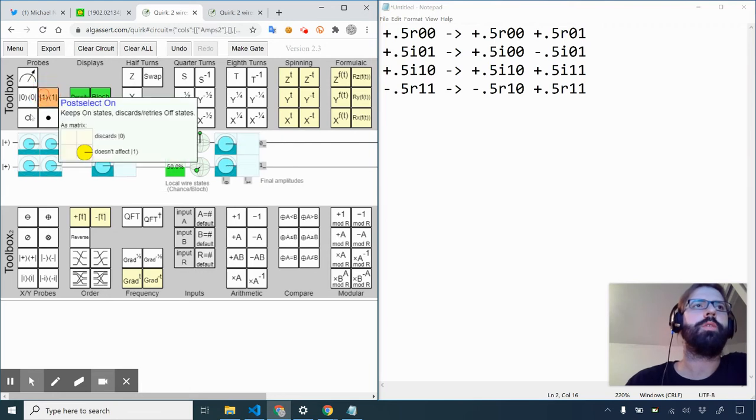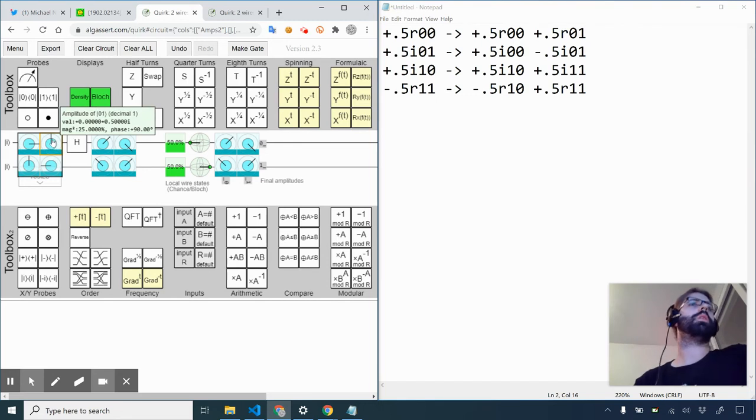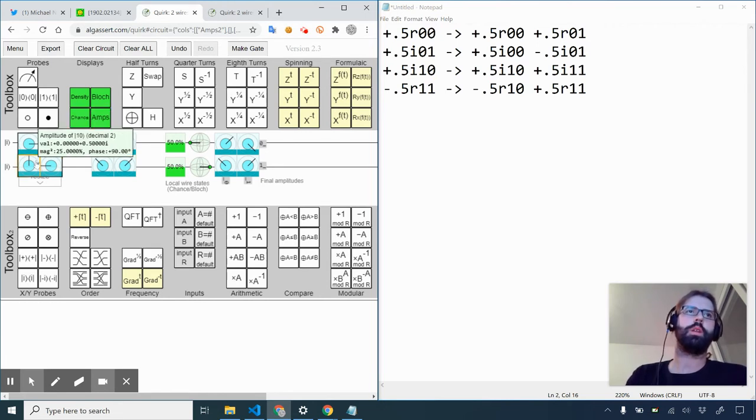Okay, so it actually feels like the only moment where there's no interference is really when you've got those phases at either 90 degrees, or minus 90 degrees.